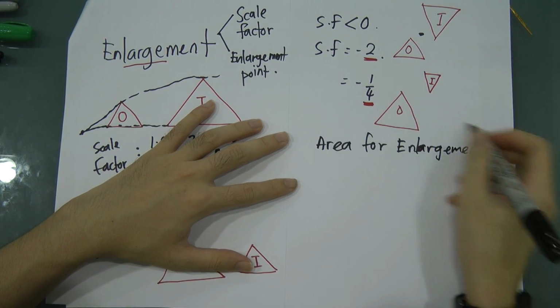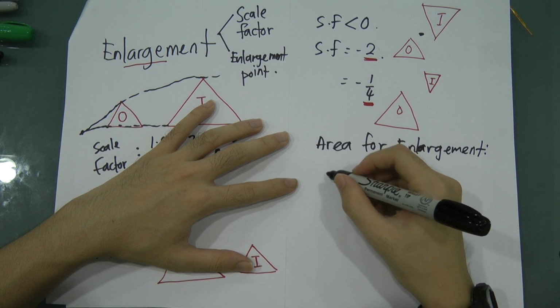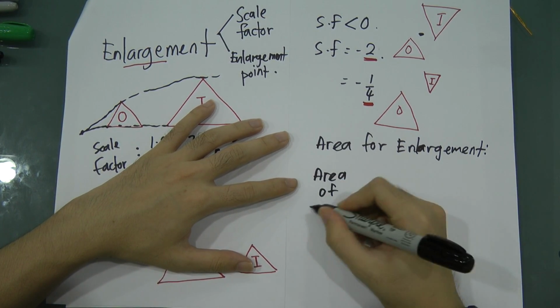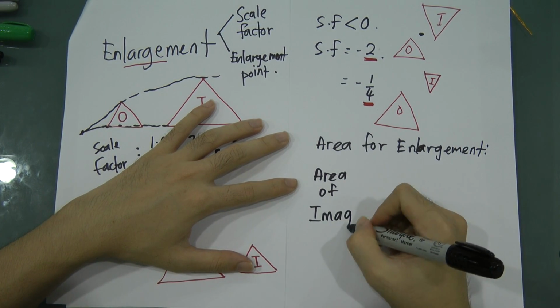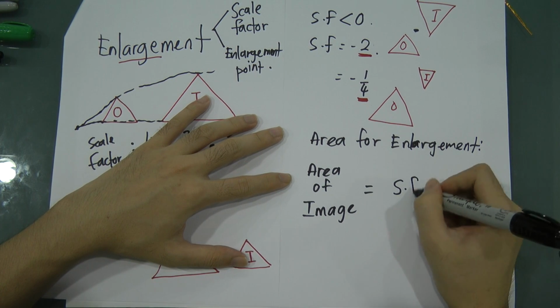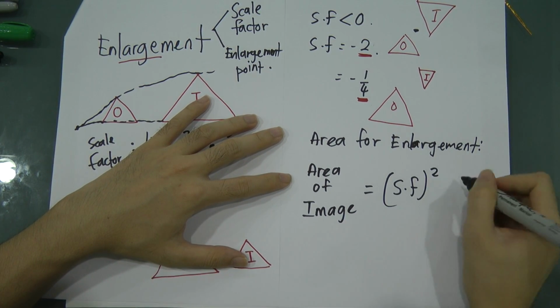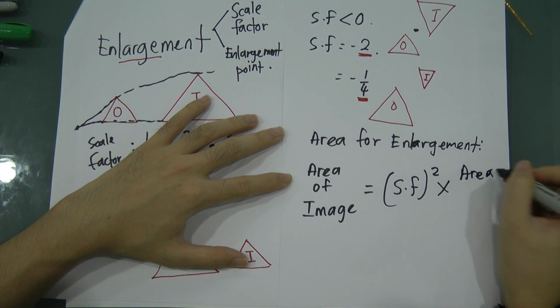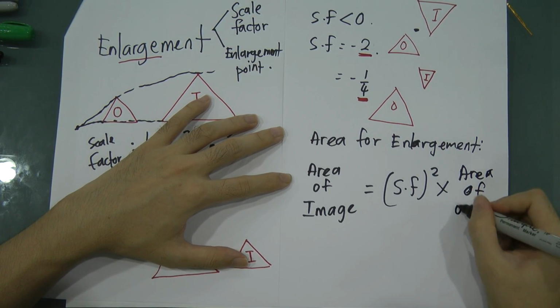If you want to find the area of the image, you just use scale factor squared multiplied by the area of the object.